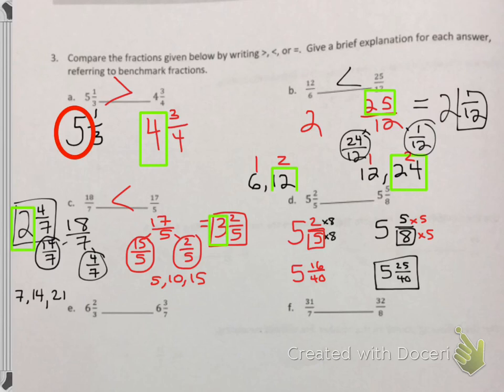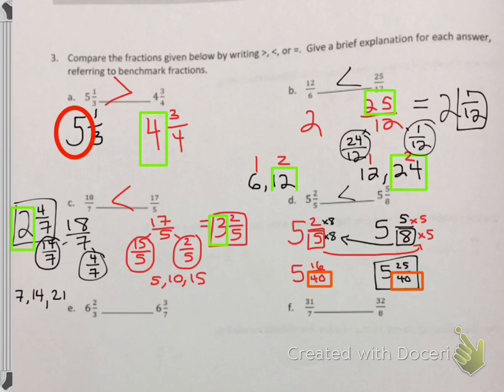So this one is much larger. That's all we have to do. We just have to literally multiply this by 8 and this by 5. And then we have common denominators here, which is awesome. It makes it so much easier. We got 40 and we got 40 here. Makes it so much easier for us to see which one's closer to the whole.